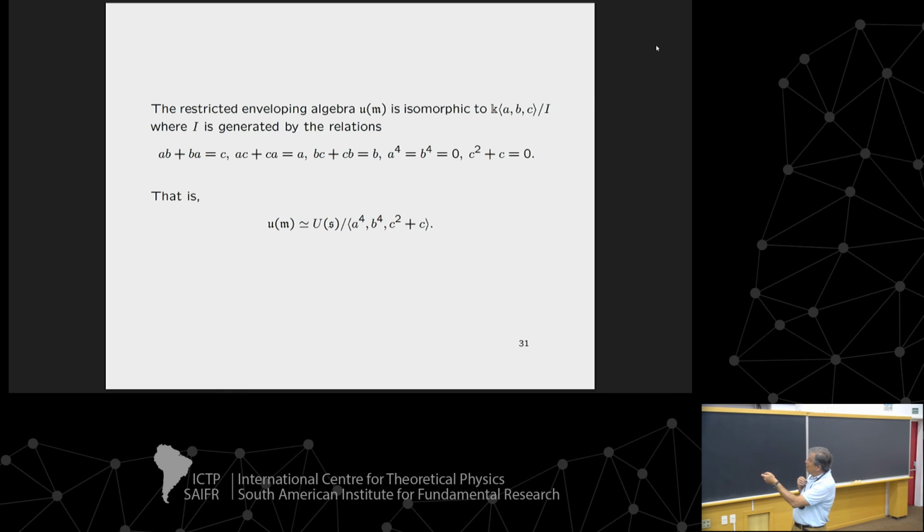That is AB plus BA is equal to C, AC plus CA equal to A, BC plus CB equal to B, and these are the powers of A, B, and this is the power of C. So this is similar to the restricted enveloping algebra of SL2, but in characteristic 2. In other words, this isomorphism, which I am mentioning here, says that the restricted enveloping algebra of M is the extension of S, the universal enveloping algebra of S, by these 3 relations.